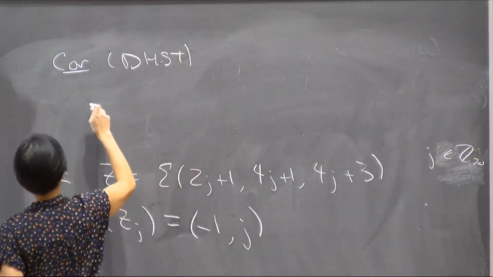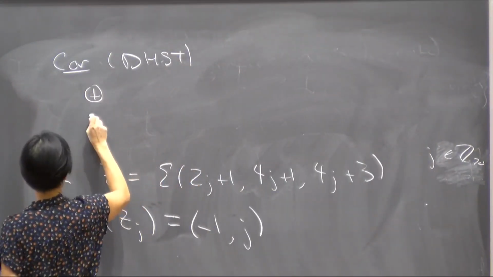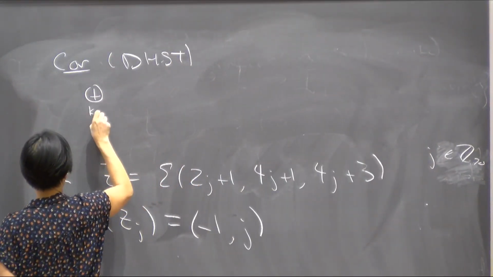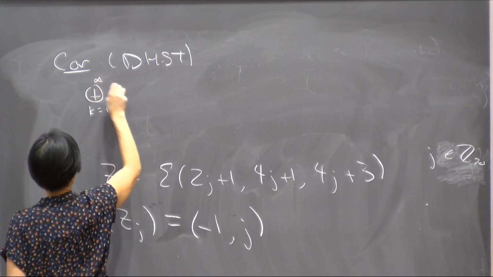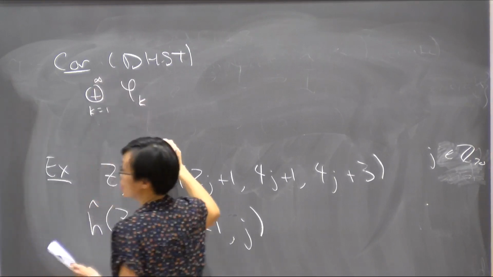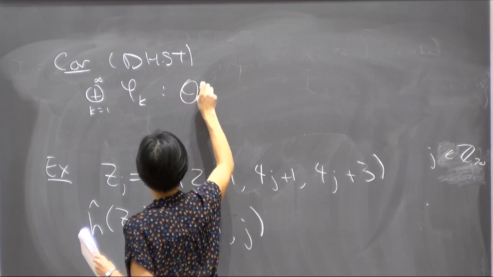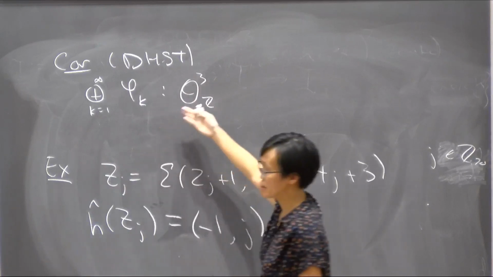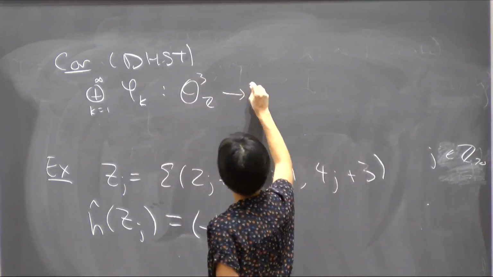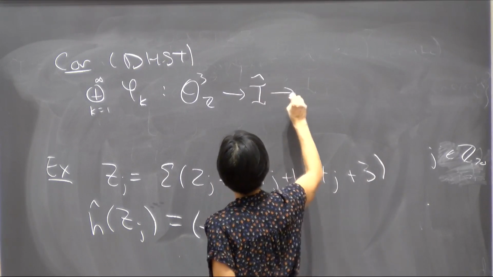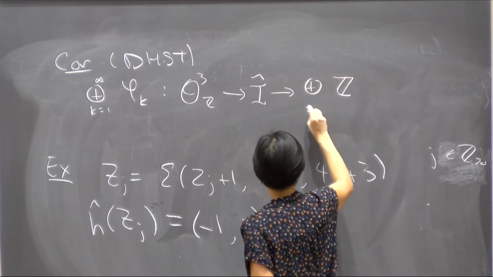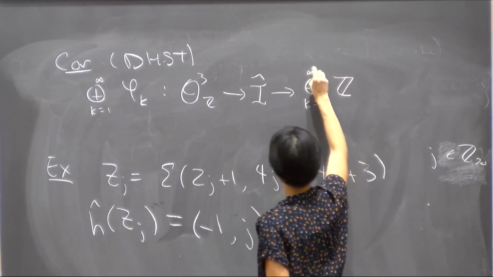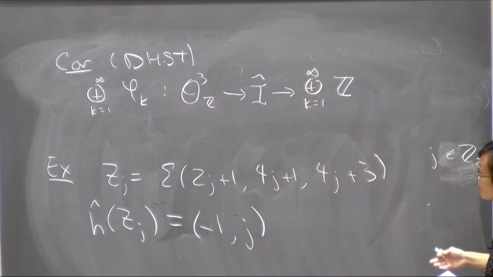Just take the direct sum over k of these phi k's. You start with the homology cobordism group, then you map it to this group I hat, and then you map it to Z to the infinity.